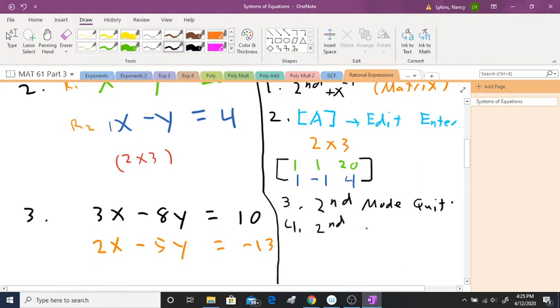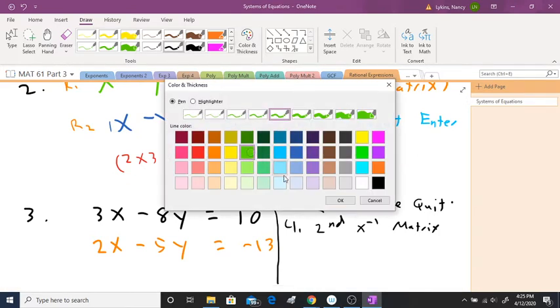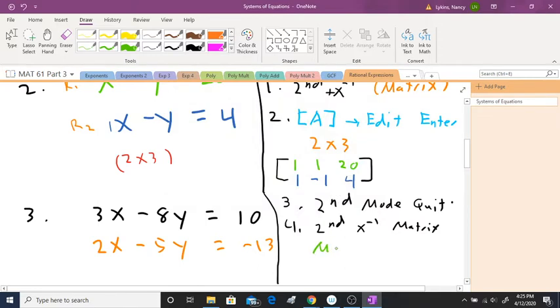Hit second and your x to the negative 1 back to the matrix screen, and go to math. It's your middle option. Hit enter. Go all the way down to option B.